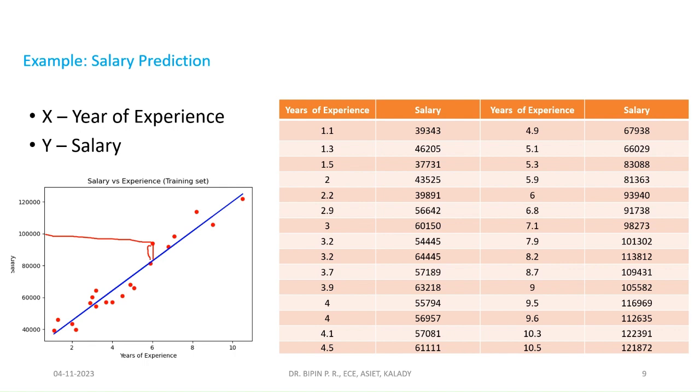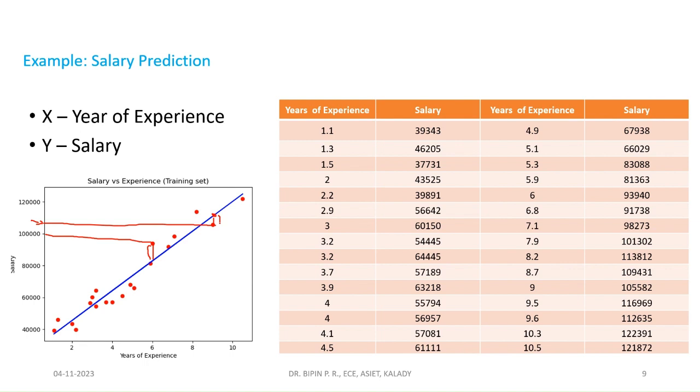So there is actually a gap between the actual one and the predicted one. Similarly in this case also, this is the actual output. When you extend this to the y-axis, you will get the output. So the output corresponding to this data point is this one, but on the line, this is the predicted output. There is always a gap between the actual one and predicted one in almost all the cases.